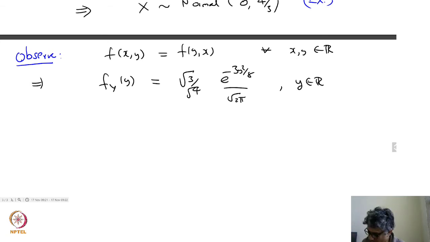So that means the y also is normal with mean 0 and variance 4 by 3. And that is because I can repeat the above calculation completely for y as I did for x.